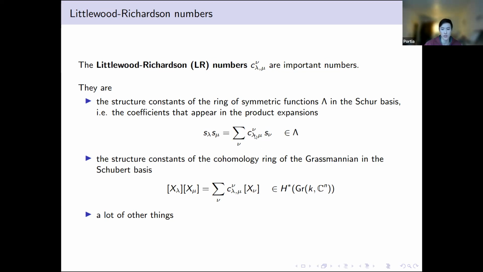So the Littlewood-Richardson numbers appear in there. And they are also the structure constants of the cohomology ring of the Grassmannian for the Schubert variety basis. So it pretty much looks the same, and it kind of is in a way.